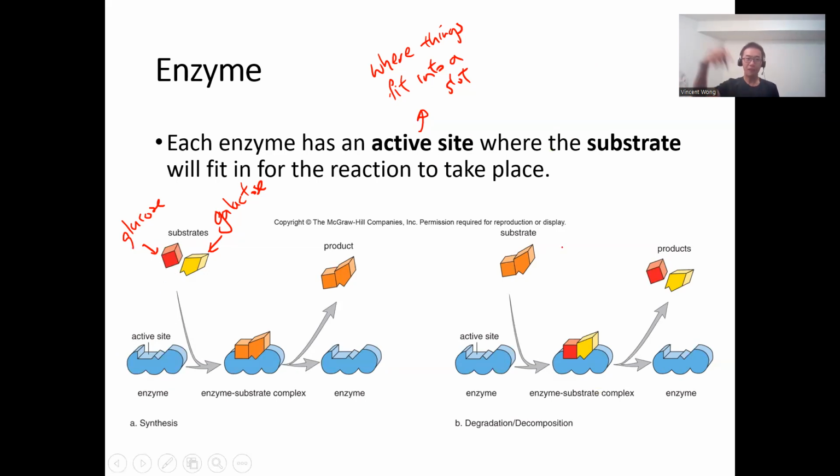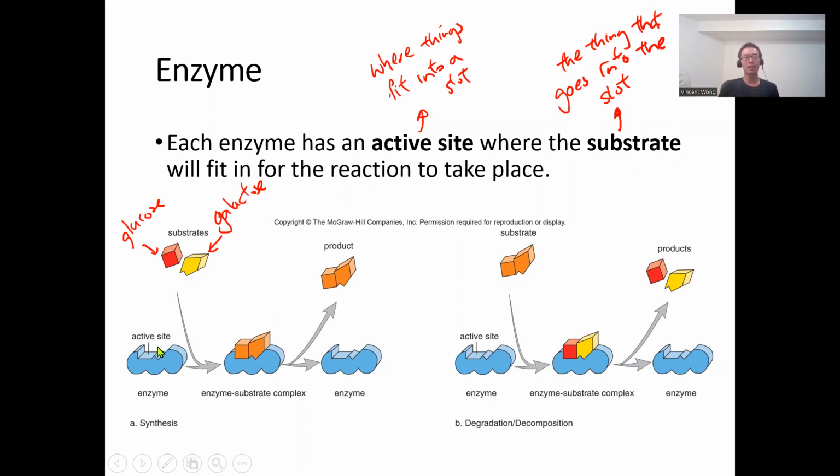The thing that fits into the active site is called the substrate. This is the thing that goes into the slot, into the active site. So the active site is the slot to put things in, and the thing that goes into the slot is the substrate.